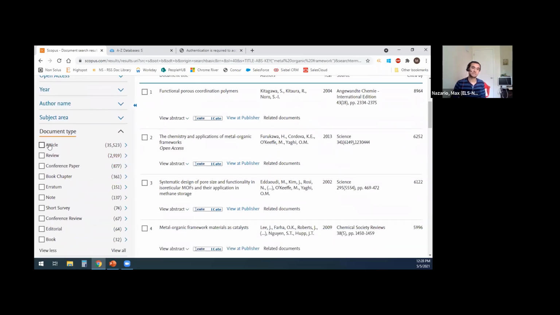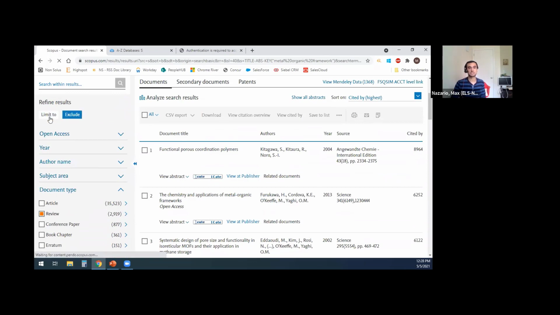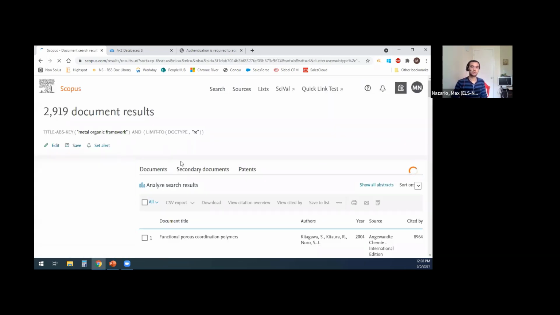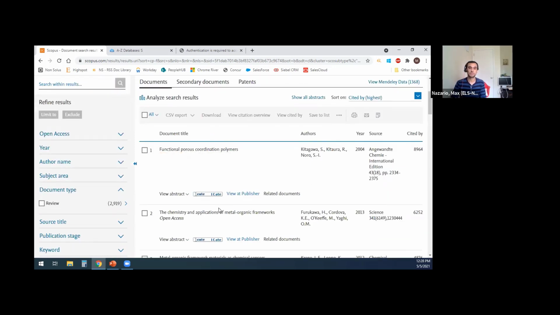So if you only wanted to see research articles, you could search for articles. If you only wanted to see review papers, as another example, you could select that and either do limit to or exclude. In this case, I will go ahead and do review papers. Then what you'll notice here at the top is it has modified my search string to let me know what it is that I just searched for.